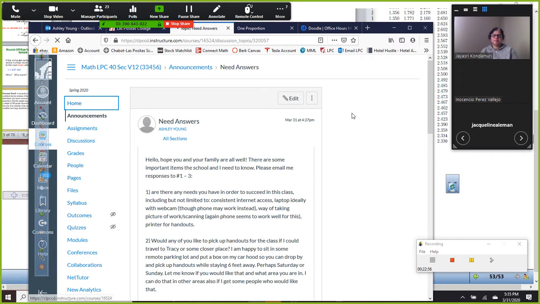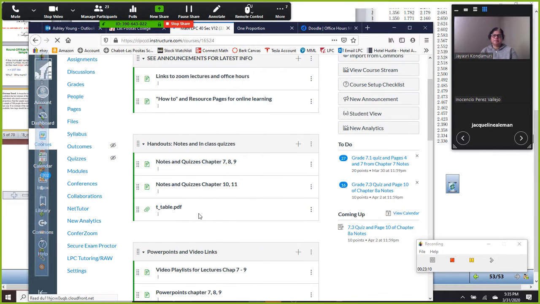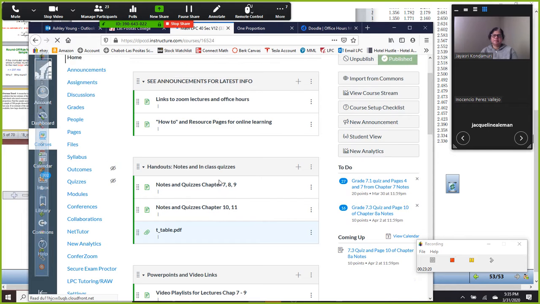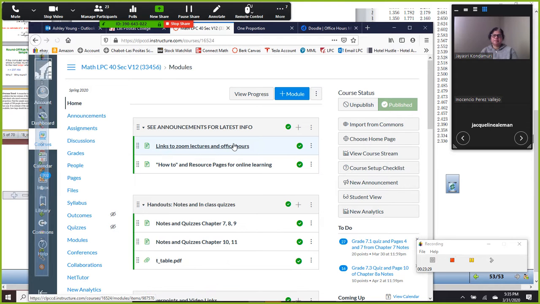A couple things I want to point out anyway. Right at the top now I have the links to Zoom lectures and office hours, and also look down here, do you see this T-table? That's where you download the T-table if you don't have one, and you all need that. It's under handouts. If you click on this one, it will give you all the Zoom links.